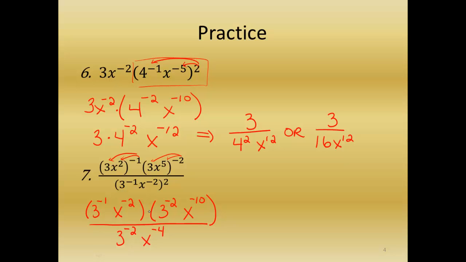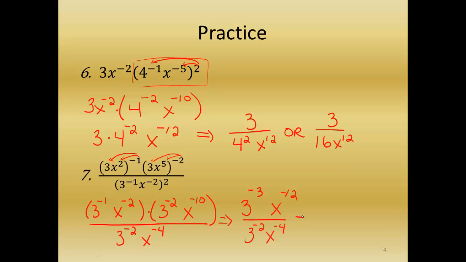Still more things to simplify. On the top, I still have multiplication, and when I multiply, I add my exponents. So 3 to the negative 1 and 3 to the negative 2, add the exponents, becomes 3 to the negative 3, x to the negative 12. Bottom is the same.